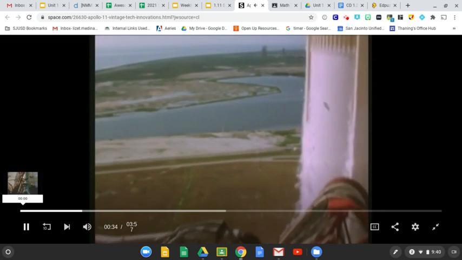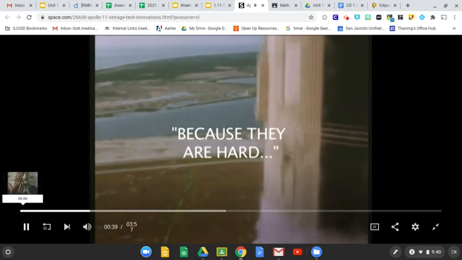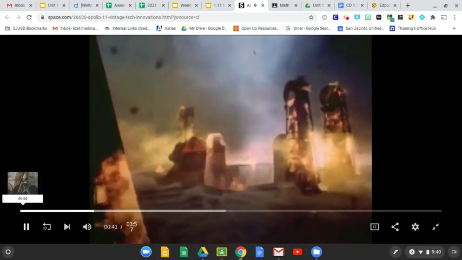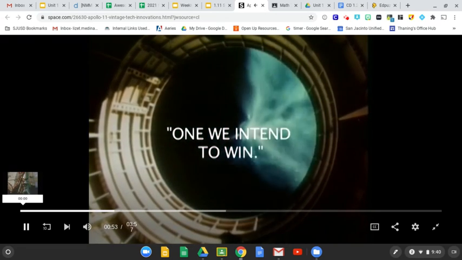We choose to go to the moon in this decade and do the other things, not because they are easy, but because they are hard. Because that thing will serve to organize and measure the best of our energies and skills. Because that challenge is one that we're willing to accept, one we are unwilling to postpone, and one we intend to win.